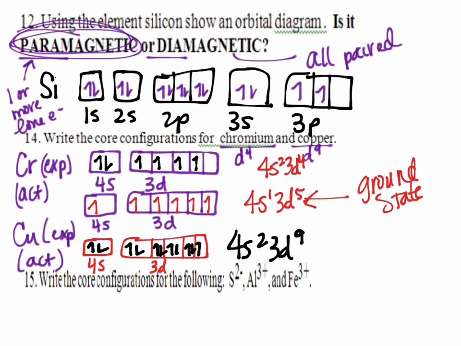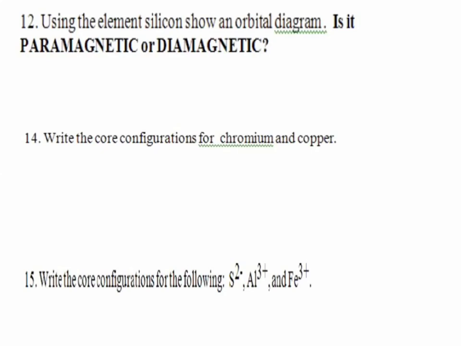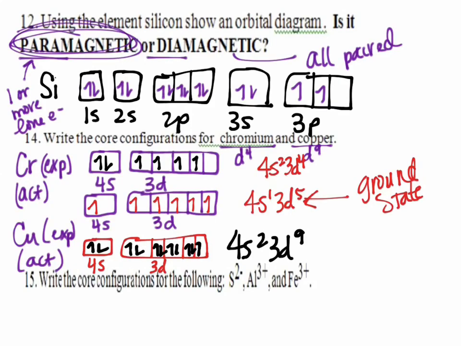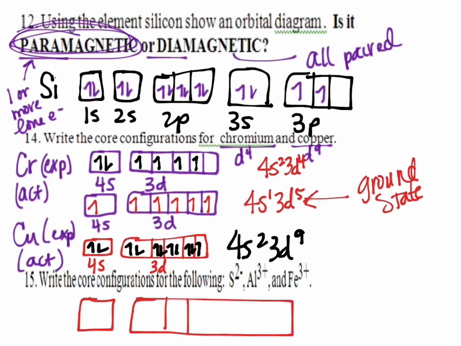But what happens is this electron in 4s jumps over to make 3d be fully filled out.